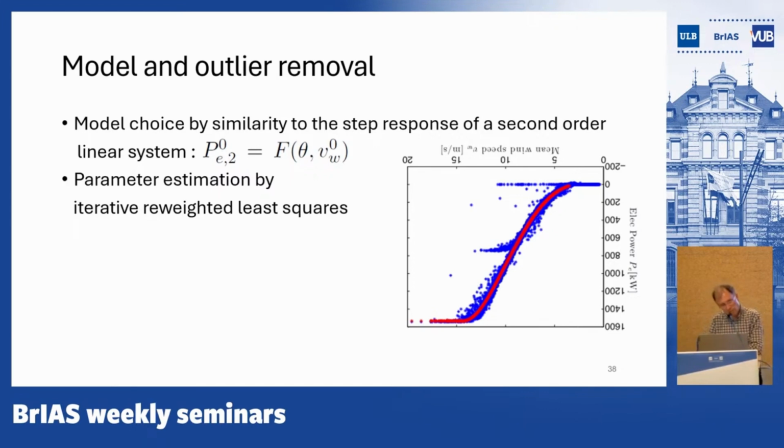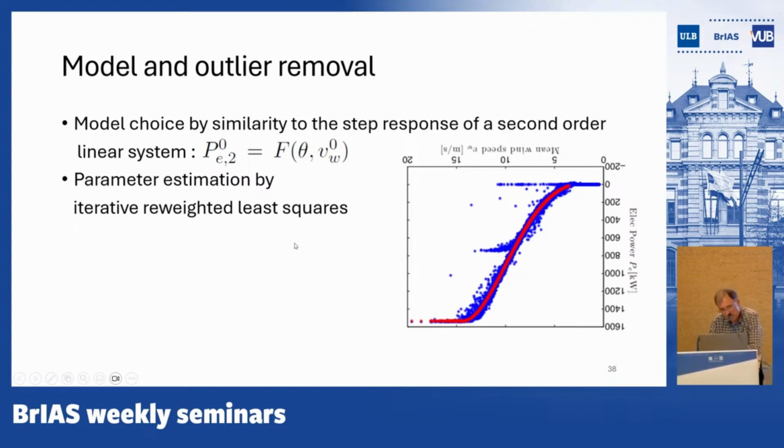And so that's what we have been using to parameterize the curve linking the normalized power to the normalized wind speed. And so now we must get rid of all these outliers.